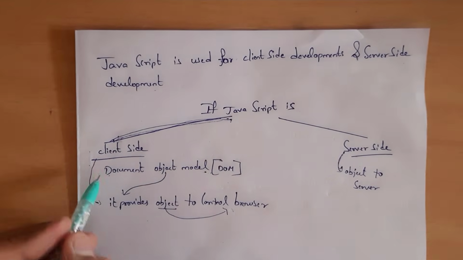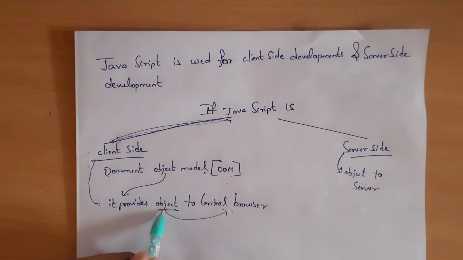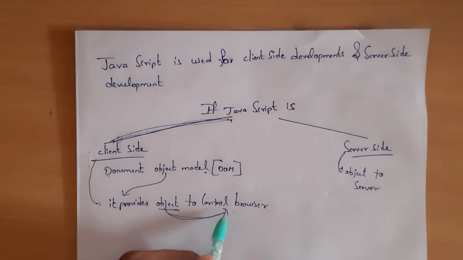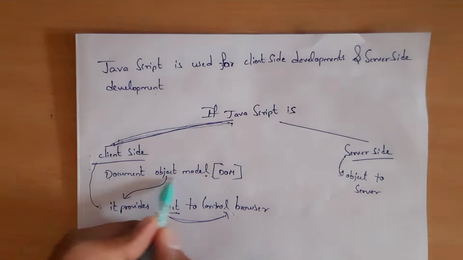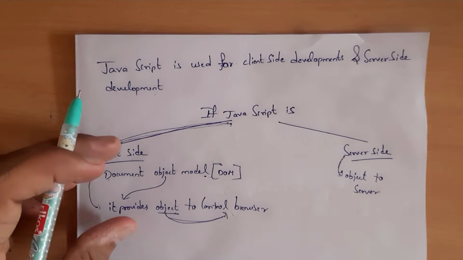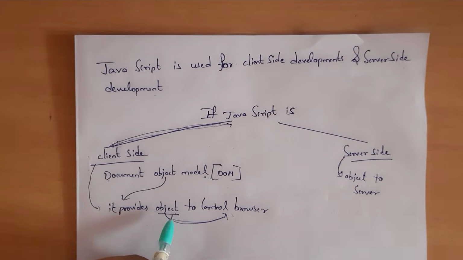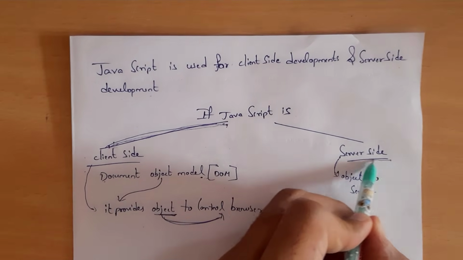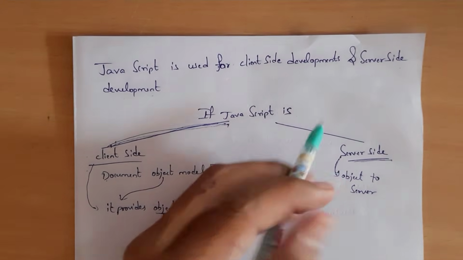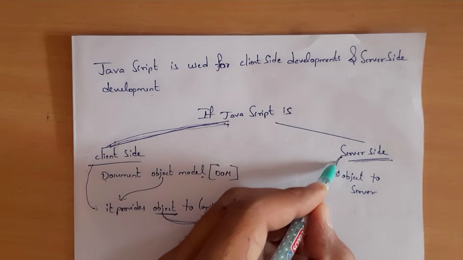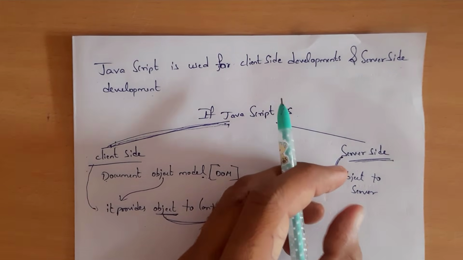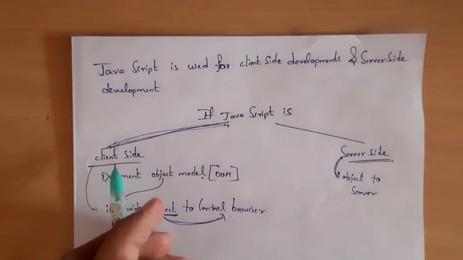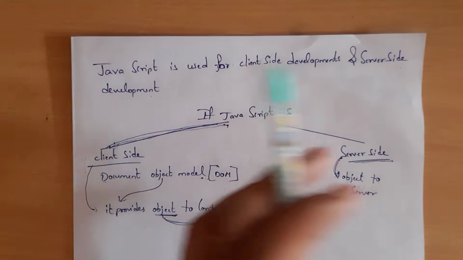On the client side, JavaScript provides objects to control the browser, so it acts as DOM. The main role of JavaScript on the client side is to provide objects to the browser, whereas on the server side also JavaScript provides objects, but to the server. This is the difference between JavaScript on the client side and server side.